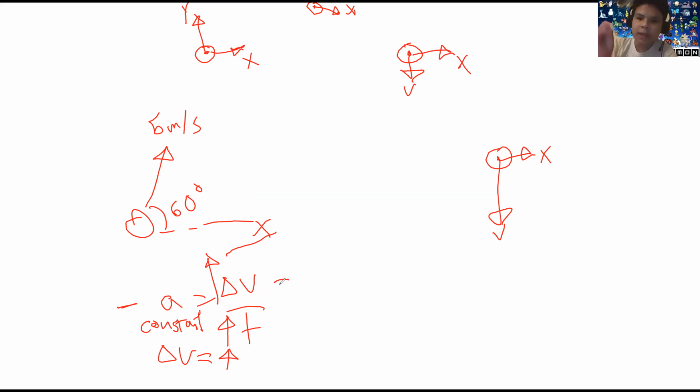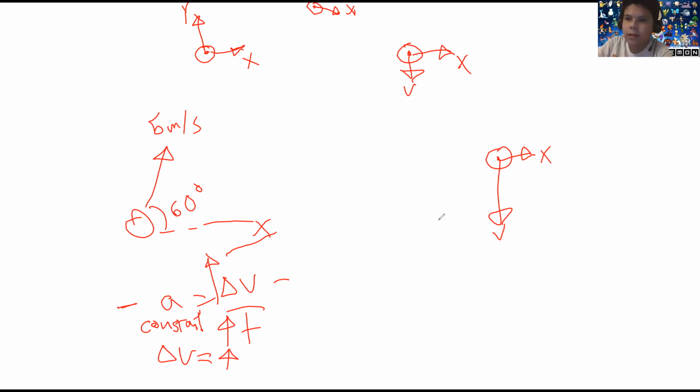So when the ball is going down, it's positive. Wait, what? So you said when your ball goes down, your velocity is positive? No, acceleration. Or is it always negative? Okay, so your acceleration due to gravity is always negative. Oh, okay, that makes sense.